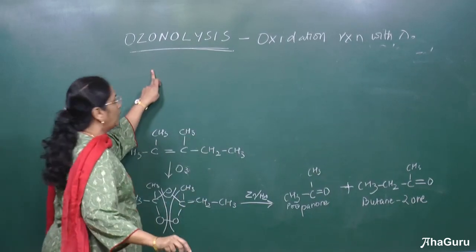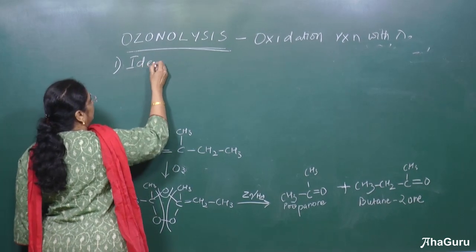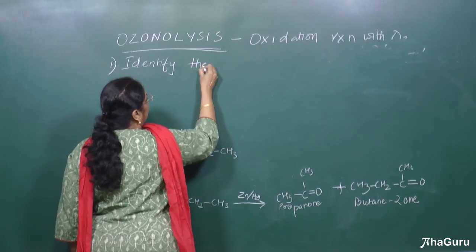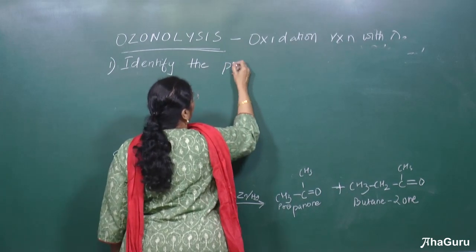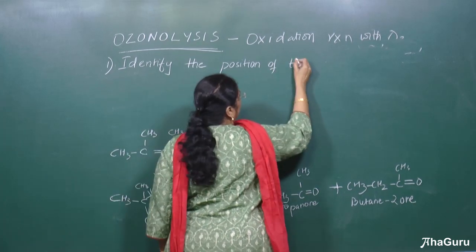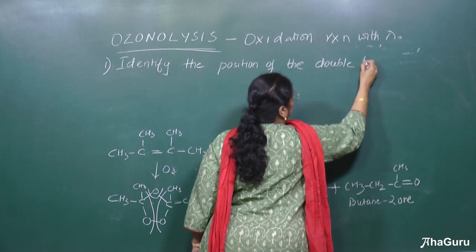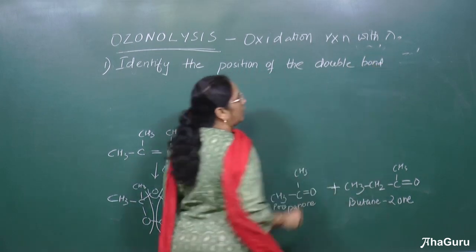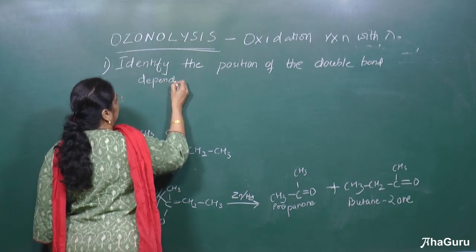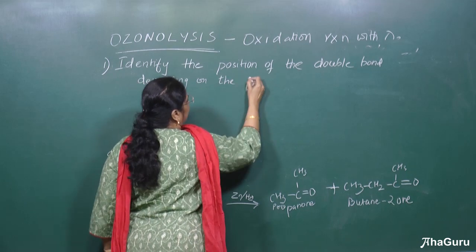That is, one thing is we can identify the position of the double bond depending on the products formed.